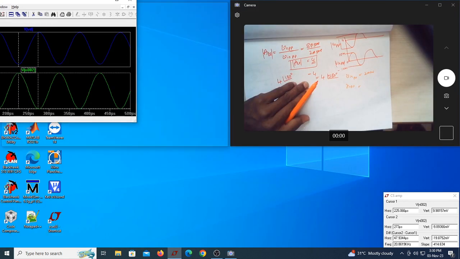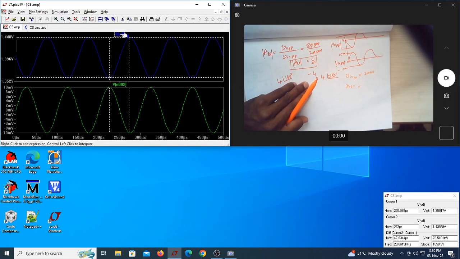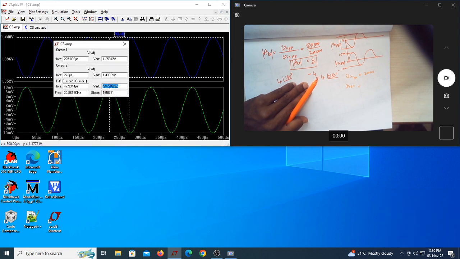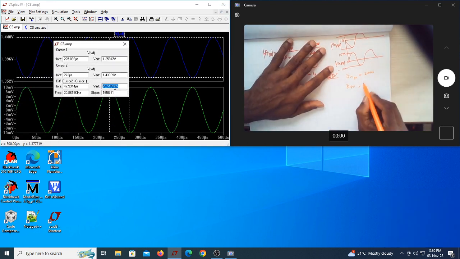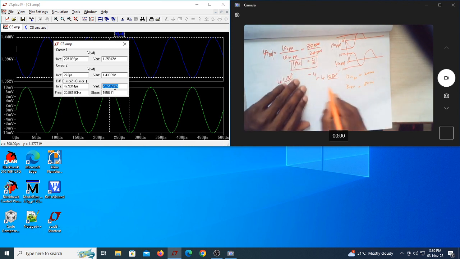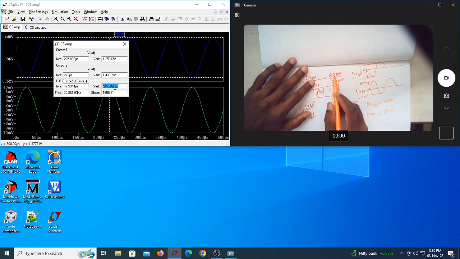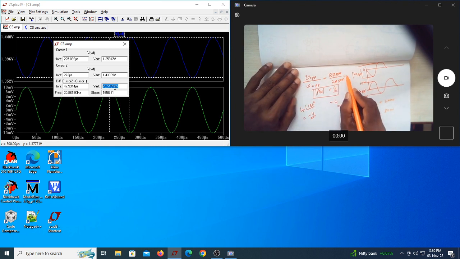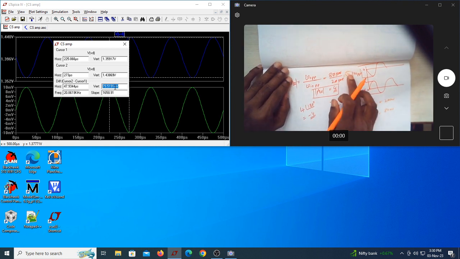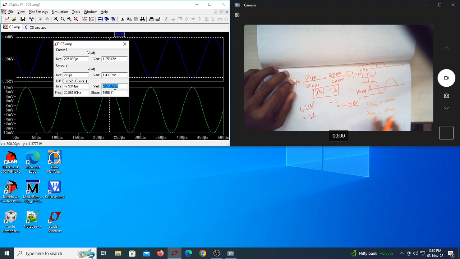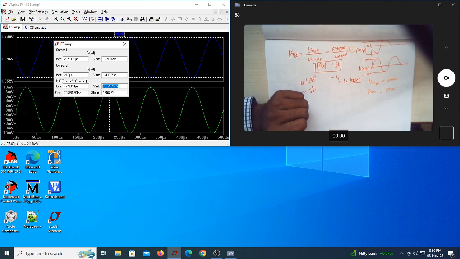If you can see here, this is that peak to peak, almost 80. This is 80 millivolt. Can you see this is almost 80 divided by 20? So this is equal to 4, because this is the magnitude. That negative sign, as we discussed in the last class, it is out of phase. We're going to do the analysis.